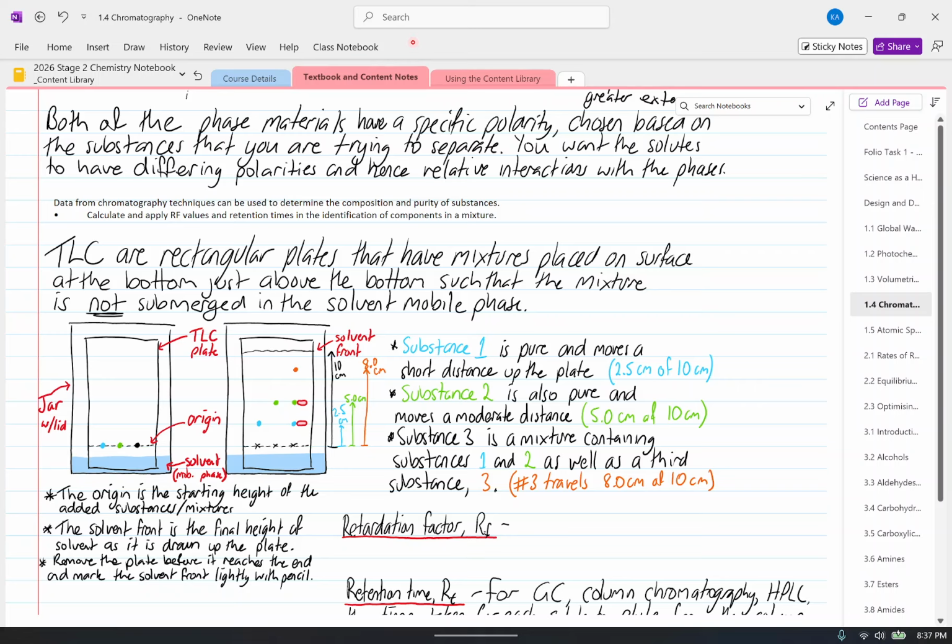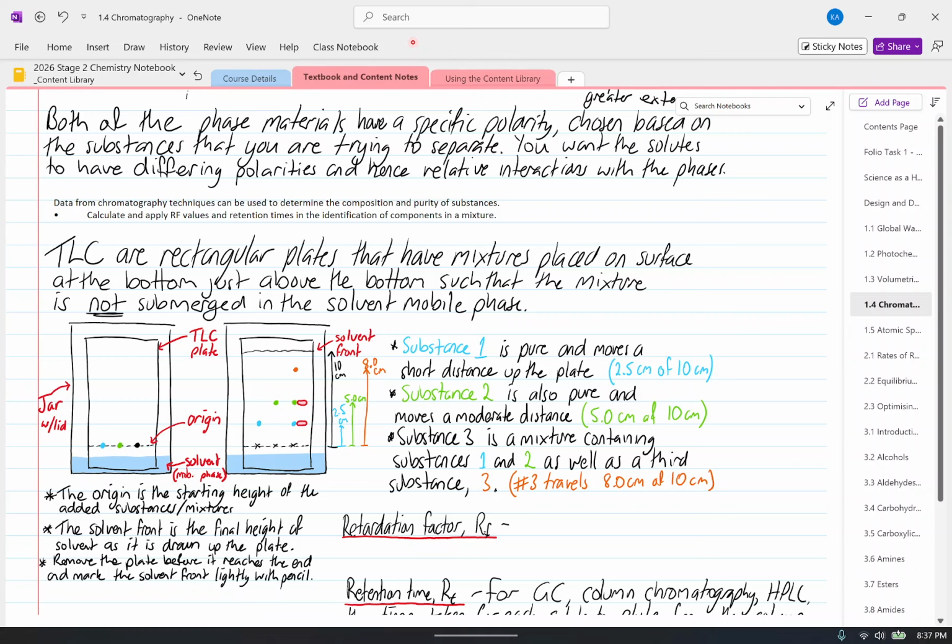So the RF value for substance 1 is literally 2.5 divided by 10. So it's traveled 2.5 out of the 10 that the solvent moved. So that gives us our 0.25. Now 0.25 is a quarter, and that's exactly what happened. Our substance 1 traveled a quarter of the distance that our solvent did.